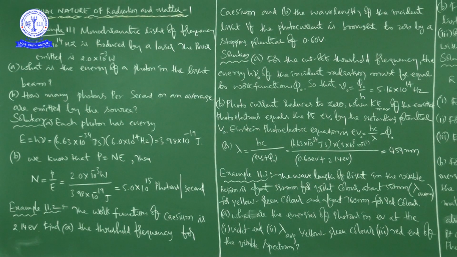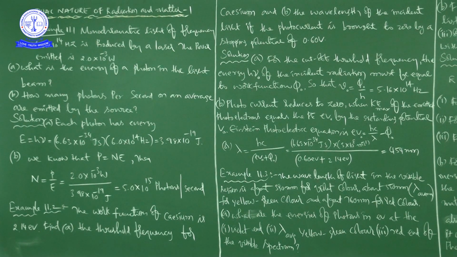Doing this division, we get 5.0 × 10^15 photons per second. Next problem, that is example 11.2.